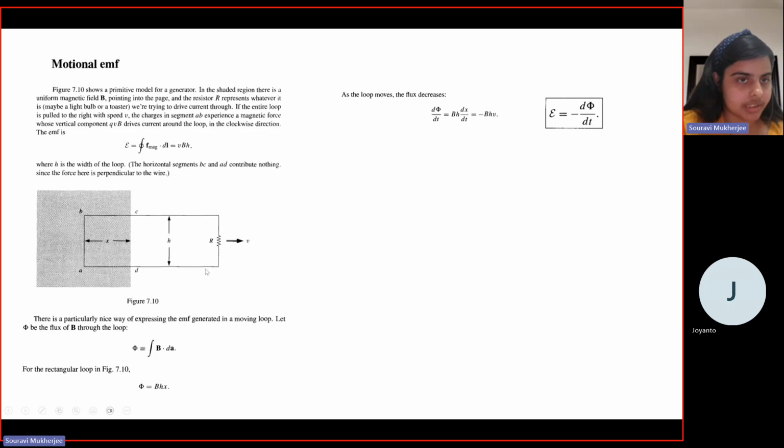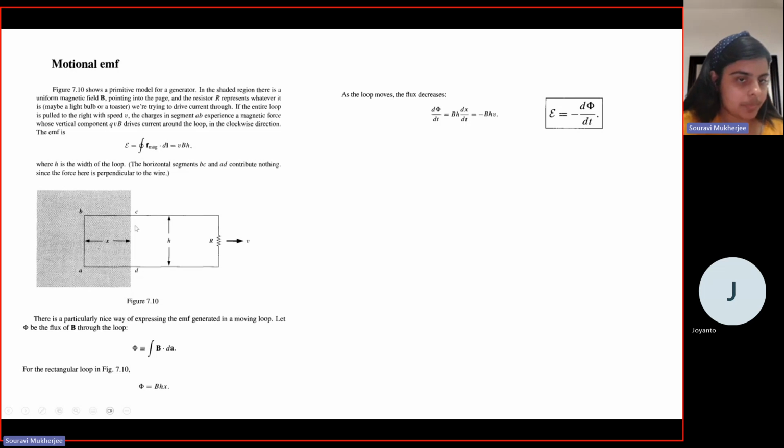Consider it to be some closed loop, a rectangular loop, and a part of this rectangular loop encloses a region of magnetic field. So there are some magnetic field lines going across this loop. Now we pull this loop at a velocity v outwards.